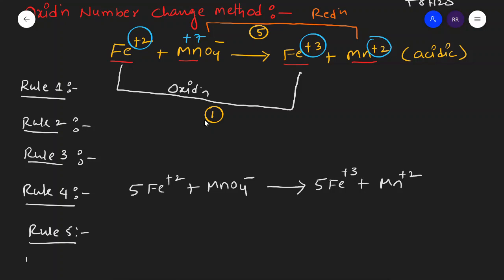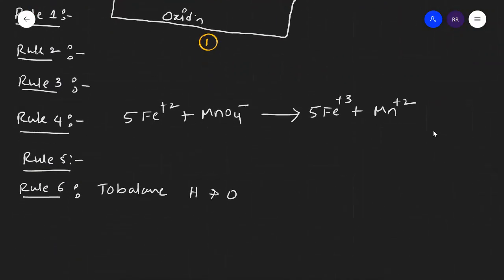Now rule 6 is very, very important. That is to balance hydrogen and oxygen atoms. It is very simple also. So here we have 2 cases. If the reaction is given in acidic medium, like our example, for 1 excess of oxygen, add 1 H2O on the opposite side and add 2 H+ ions on the same side.